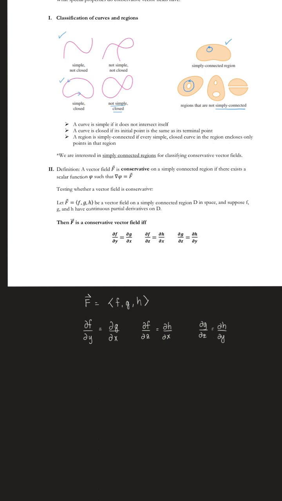Then we're going to call our field conservative, which means that it will be a gradient of some function. This is if we are dealing with fields in space.